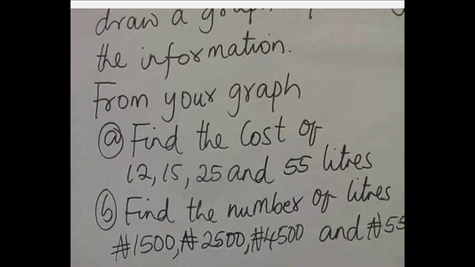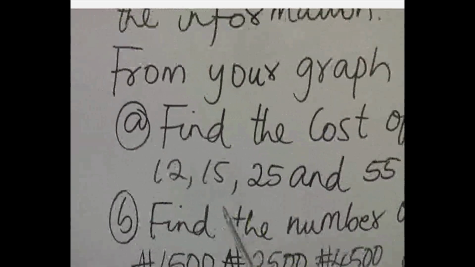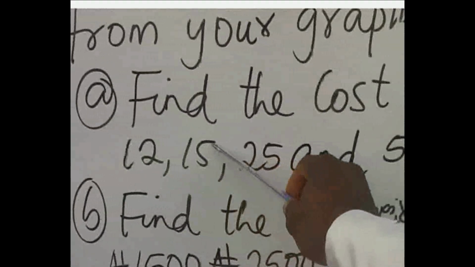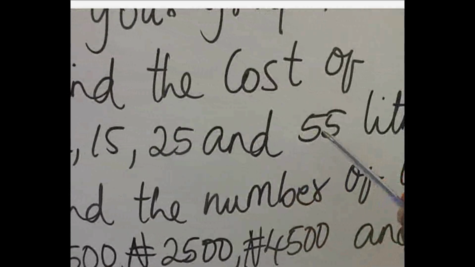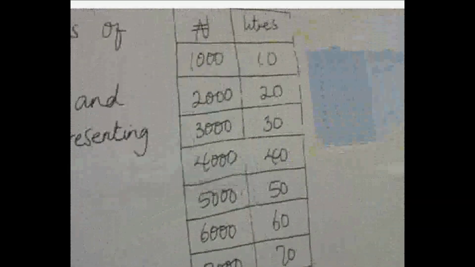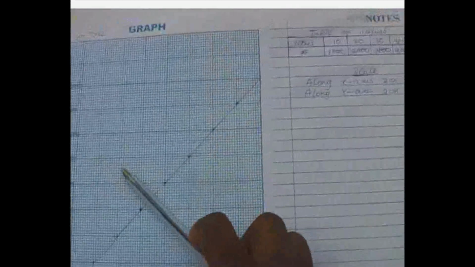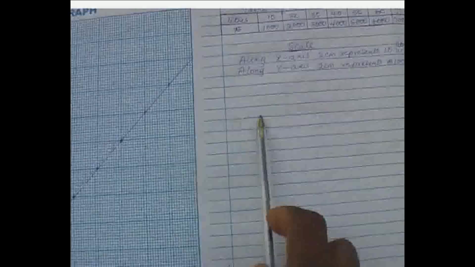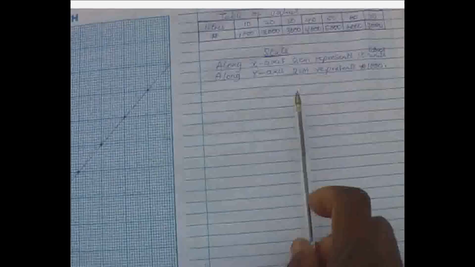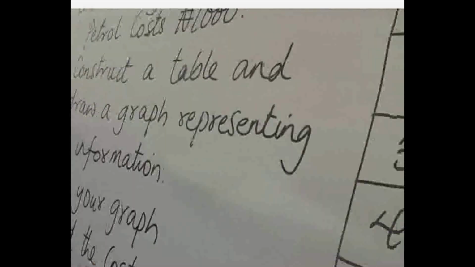First of all, I am going to list these numbers 12, 15, 25, and 55 on the exercise book side of the graph paper, so that when we find the value, it will be easy for us to trace it from the exercise book side, not from the whiteboard side again, that is very far.